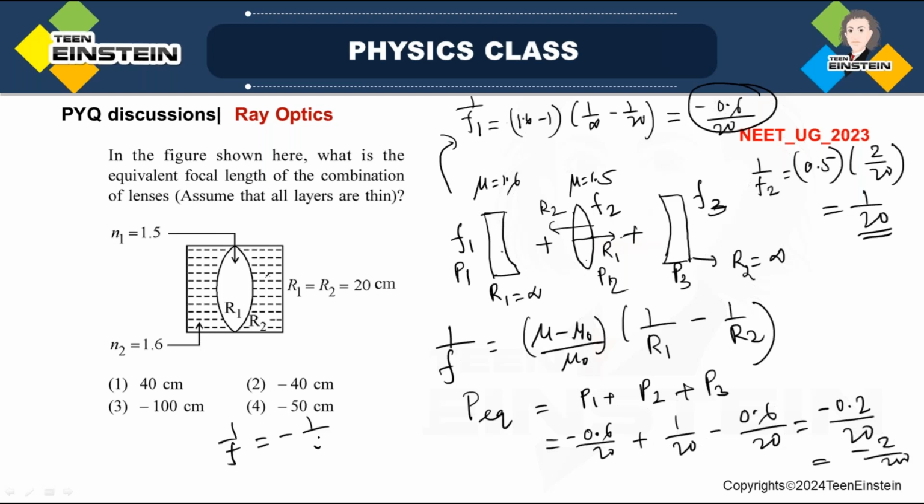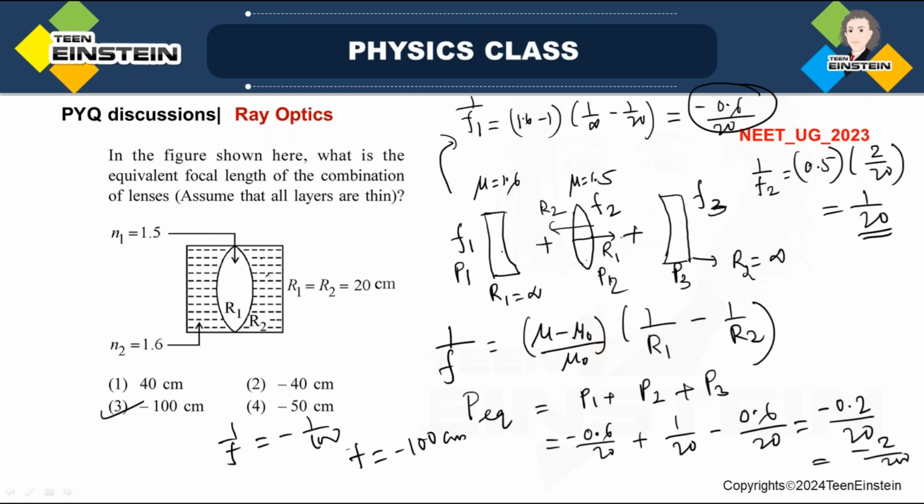So option 3 will be the correct answer for this question. I hope you have understood this. If you don't like my way of doing calculations, you just do your own calculation with a cool mind on a fresh page.